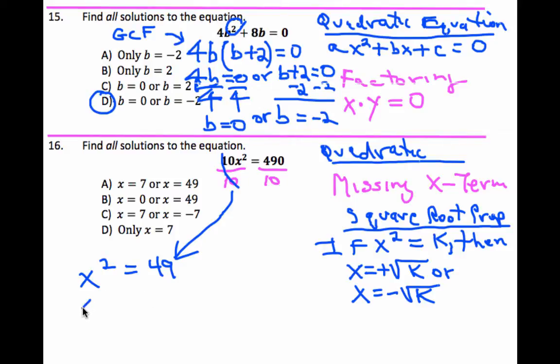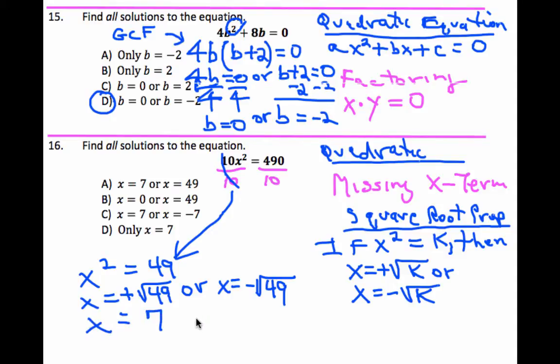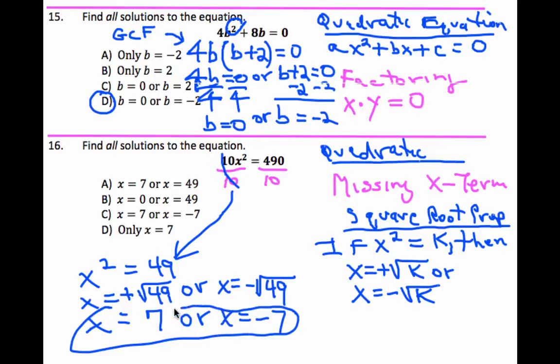So we'll have x equals positive the square root of 49, or x equals negative the square root of 49. Well, the square root of 49 is 7, so x equals 7 or x equals negative 7. So this answer of 7 or negative 7 corresponds to choice C.